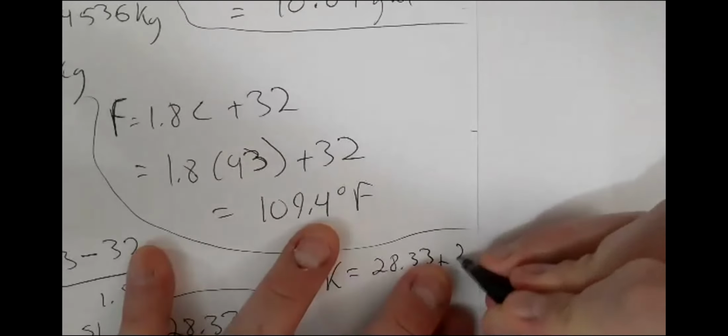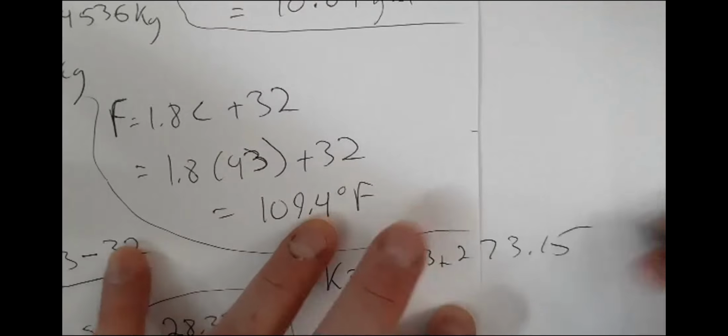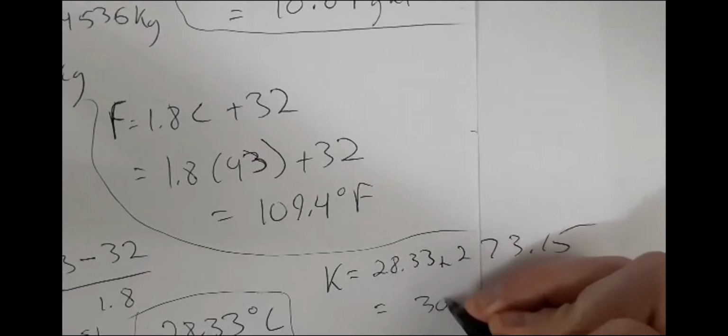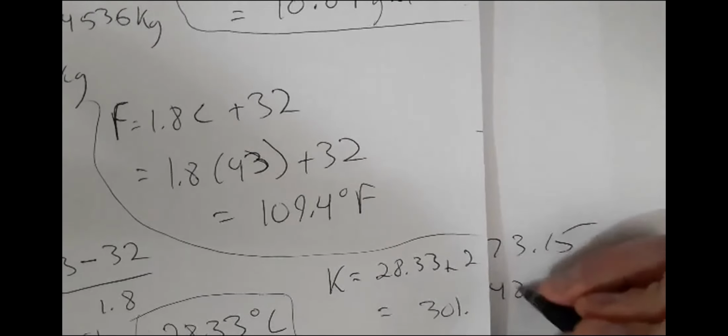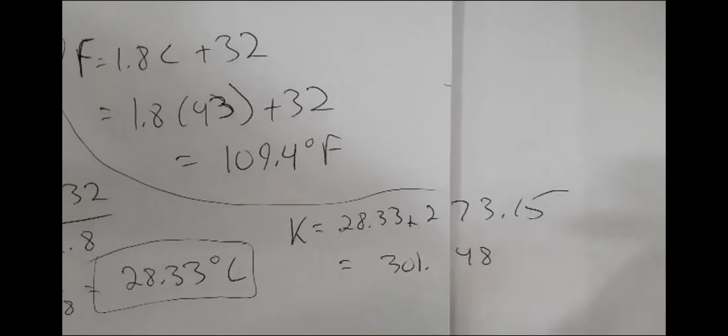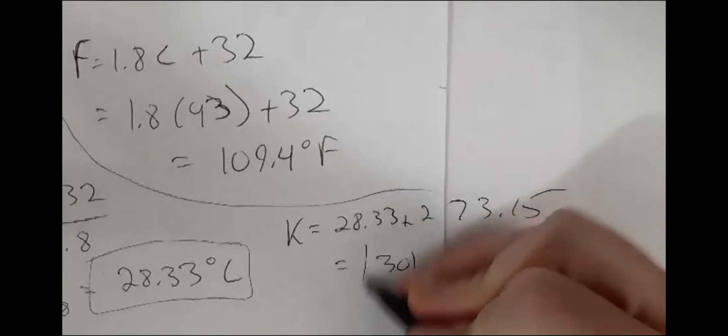Let's do this. 273.15. There we go. Equals 301.48. And this is what, K?